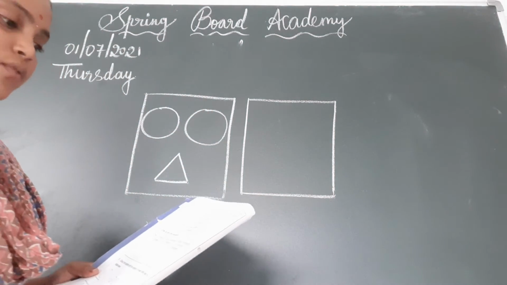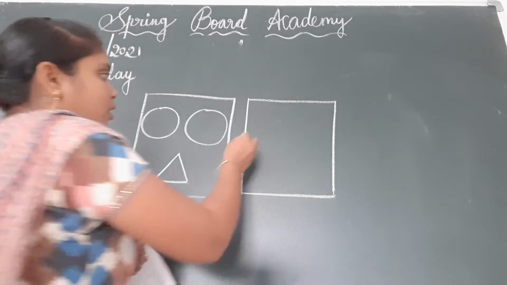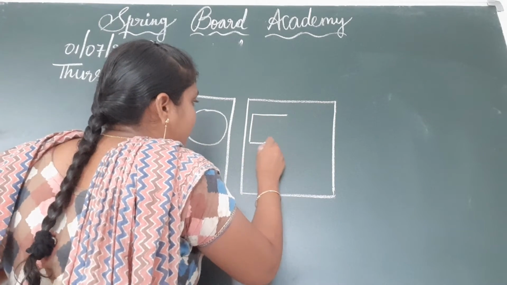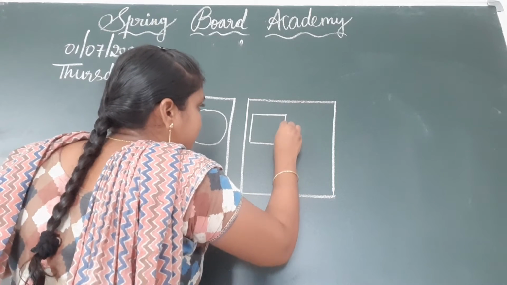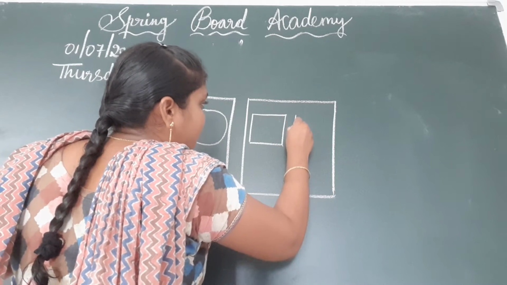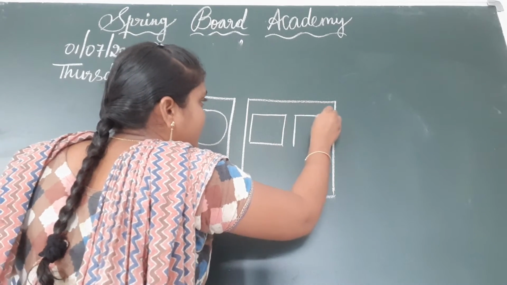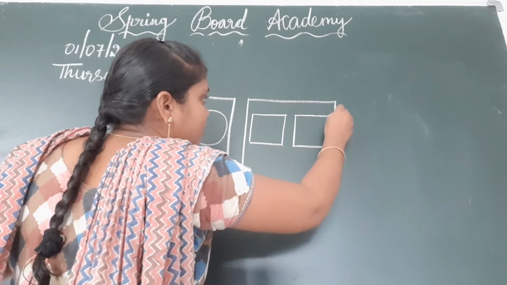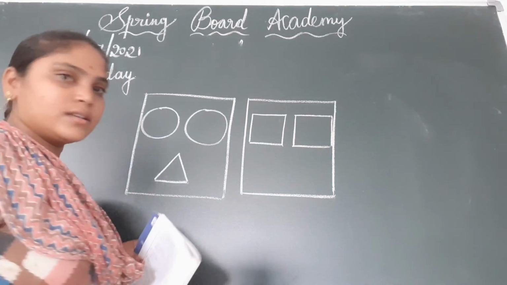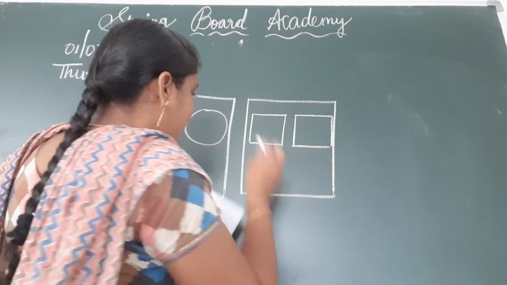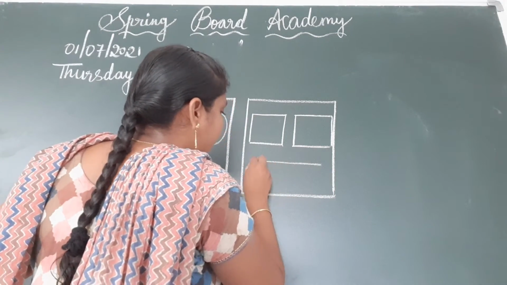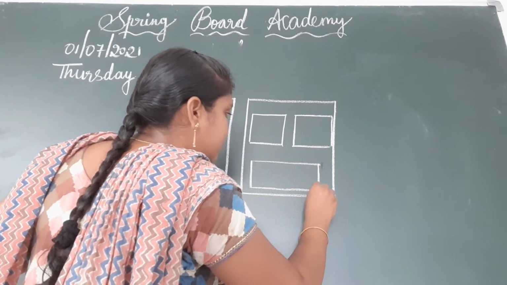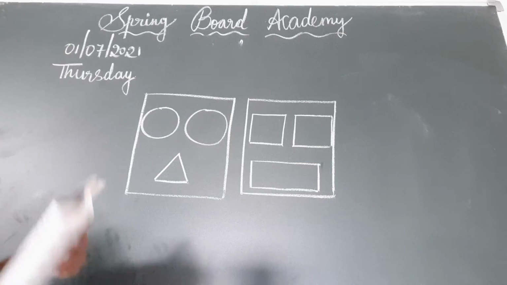So how do we draw a square? We have to draw 4 equal sides. Draw 2 squares and 1 rectangle, children.